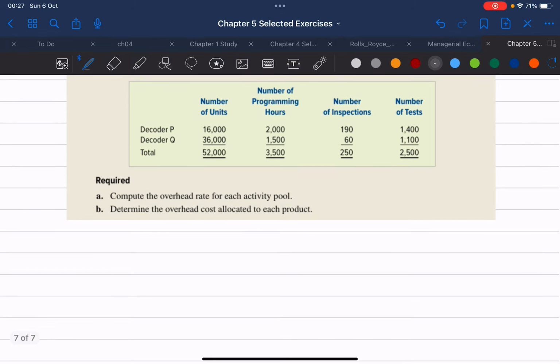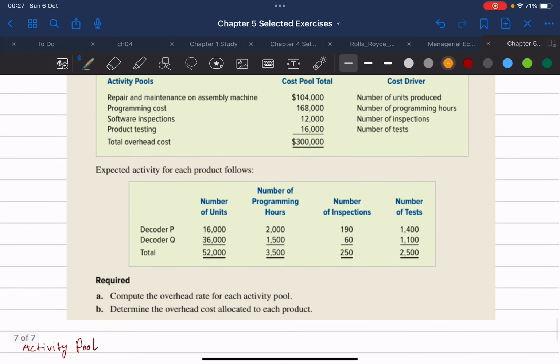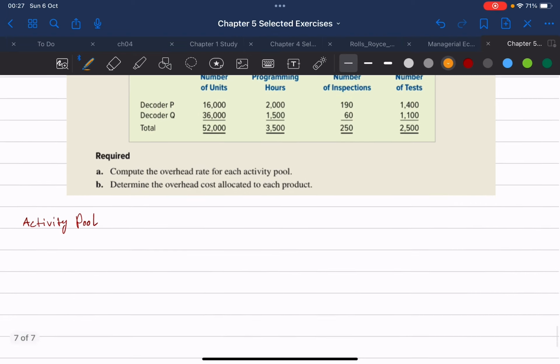Okay, so let's go over it together. I'm going to create a schedule here. I'll try to make my font size a little bit smaller because we're going to need space. So I'm going to say activity pool, and I'm going to use shortcuts for these. I'll try to make them as short as possible. So repair and maintenance, I'll call it R&M for short.